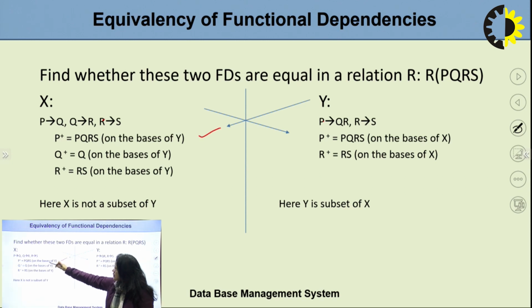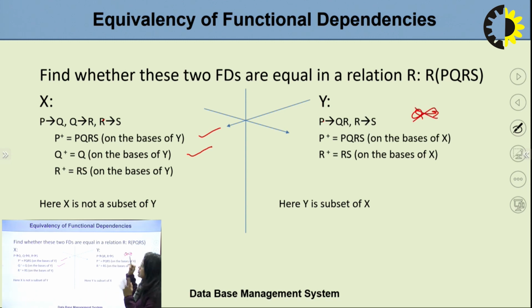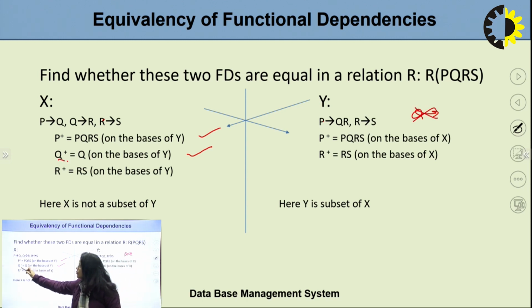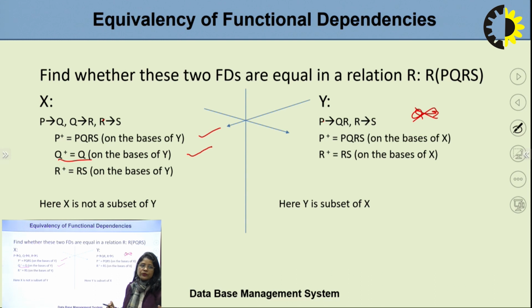P plus is this. Q closure will not be found from here, because there is not a single functional dependency by which any attribute can be determined from Q. So we are not able to determine anything from Q. This is okay. P plus R.